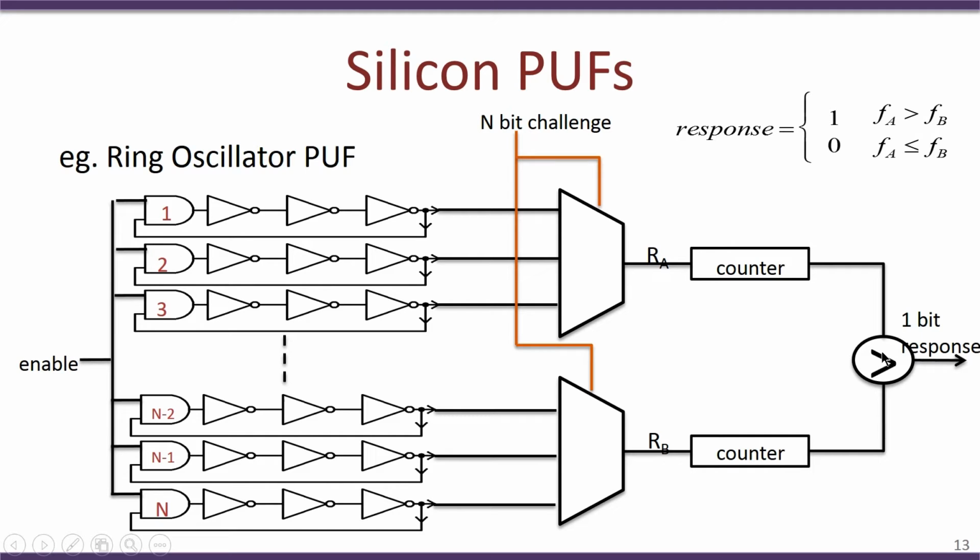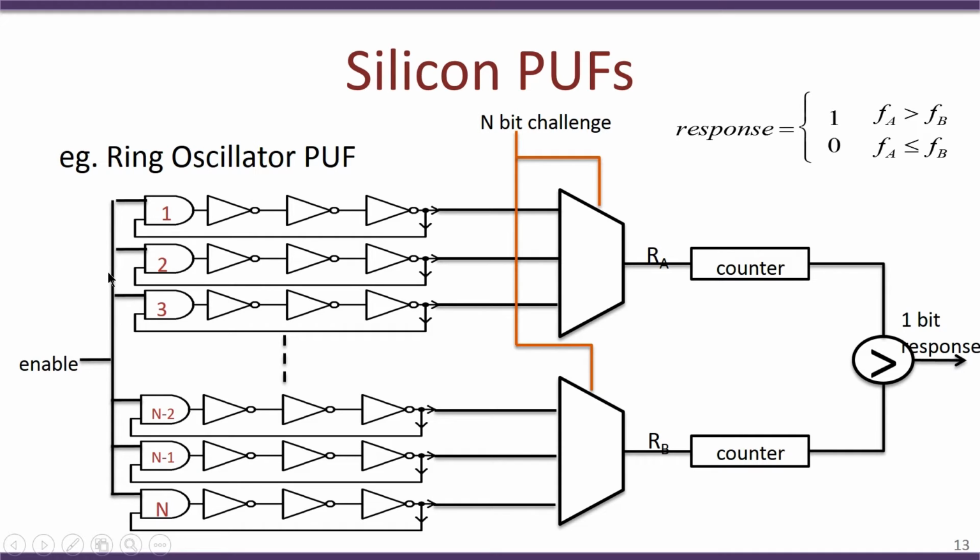Based on this, we make a comparison after 1 or 2 seconds and determine which of the 2 counters is higher, and according to that we give an output of 1 or 0. So, the response to the challenge is 1 or 0. In our example, if the frequency F A corresponding to this counter has a higher value, then we provide an output 1, else we provide an output 0.